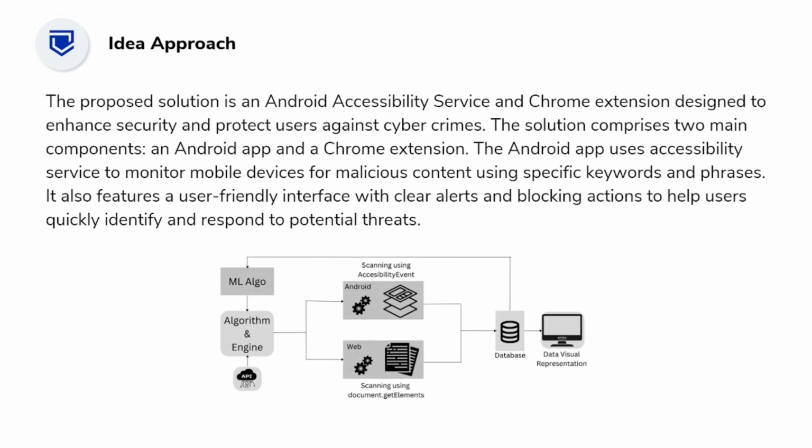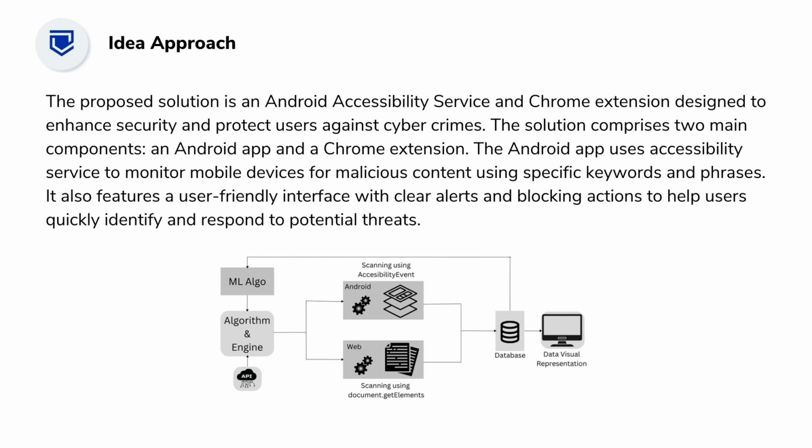Now, let's discuss about the idea approach. For Android application, we are going to use the Android accessibility service, whereas for PC or computers, we are going to use a Chrome extension. And both of these are designed to enhance security and protect users against cybercrimes. The solution comprises of two main components.